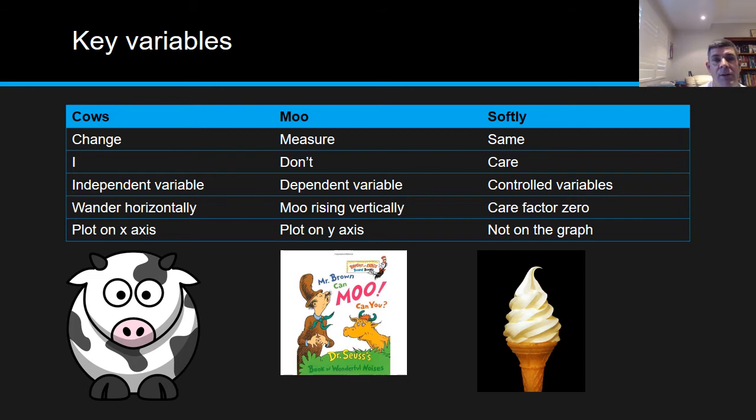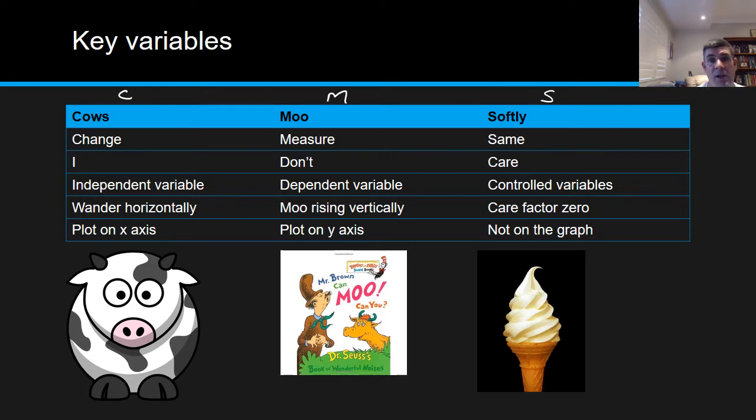So there are three key types of variables that we look at in scientific investigations. And these three types of variables can be remembered with the mnemonic cows moo softly. So a C, an M, and an S. The thing that is the C, the cows, is the thing that changes. There is always something that you choose to change.